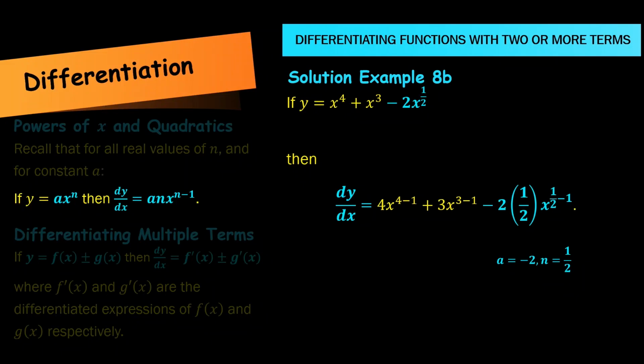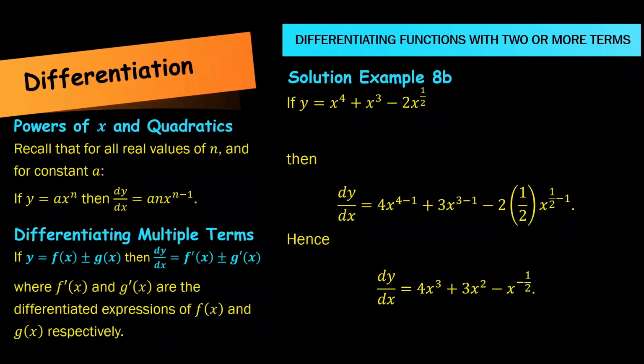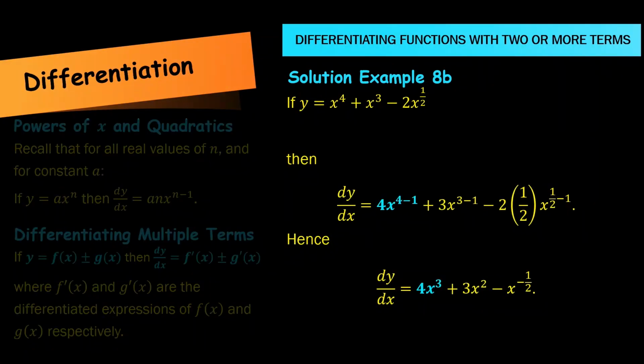So we have this slightly complicated expression highlighted in red for dy/dx for this term. We can therefore tidy up to obtain dy/dx equals 4x cubed plus 3x squared minus x to the power minus a half.